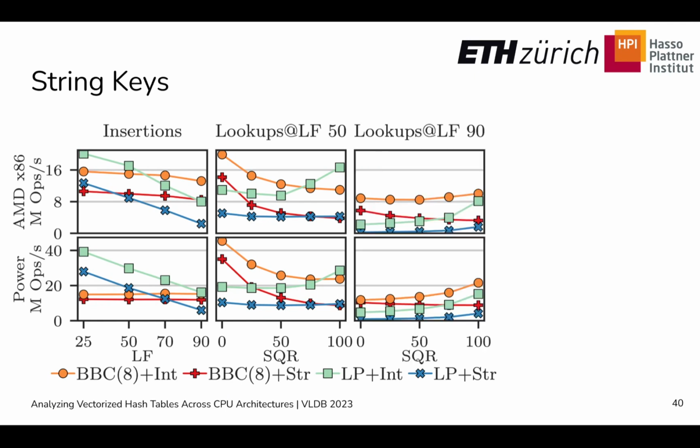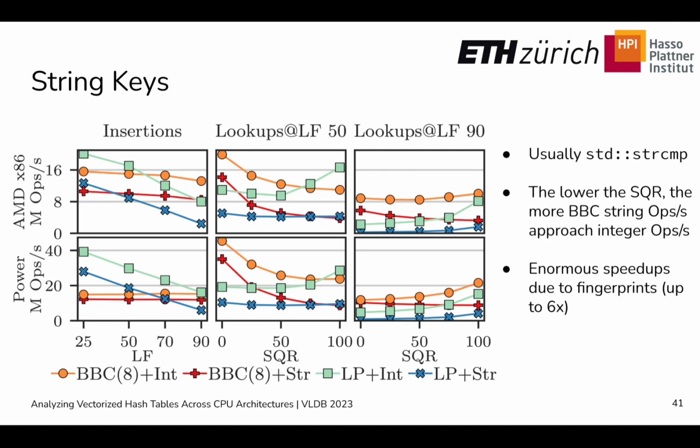And if you go to load factor 90, again, we see that bucket-based comparison outperforms linear probing. You can basically barely see the blue line, which is linear probing with string keys here, while bucket-based comparison is still very visible and performs quite well.